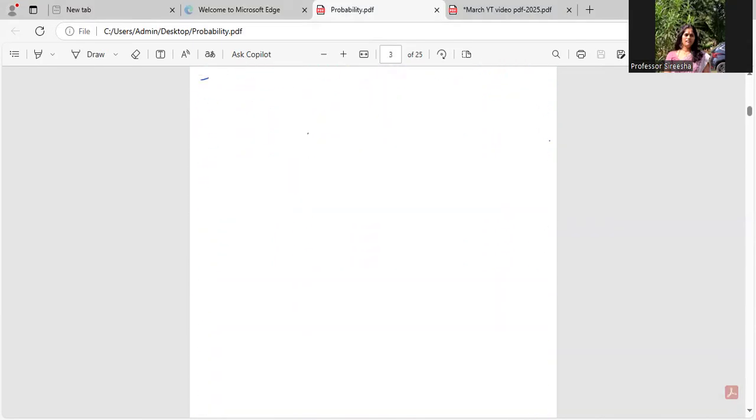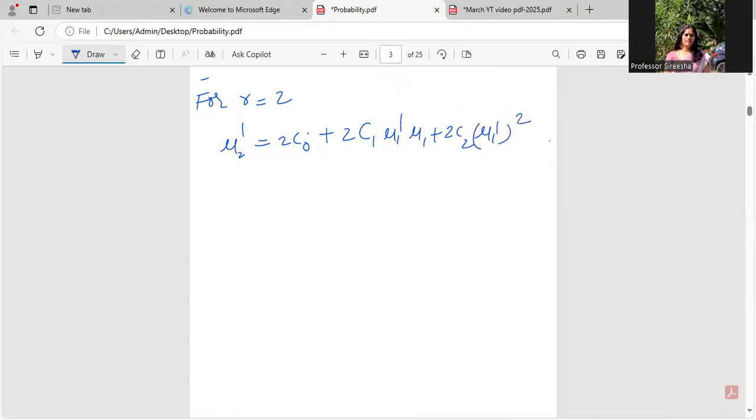For r is equal to 2, I'll be having mu2 prime, which is equal to 2C0 mu2 plus 2C1 mu1 prime mu1 plus 2C2 mu1 prime whole square.